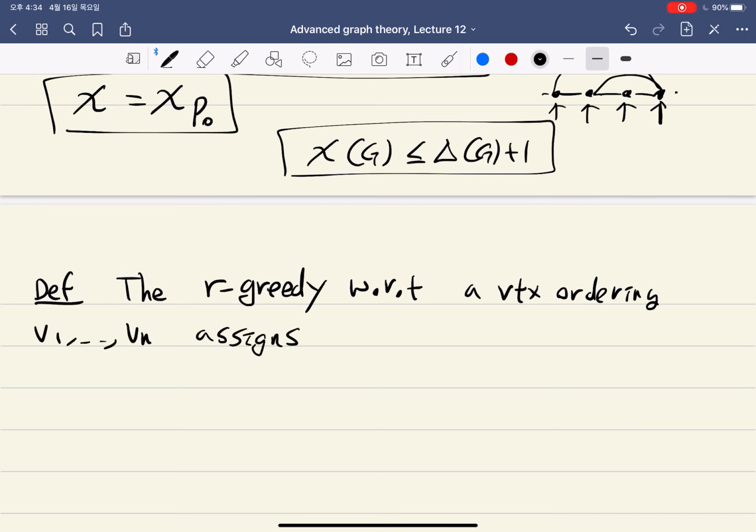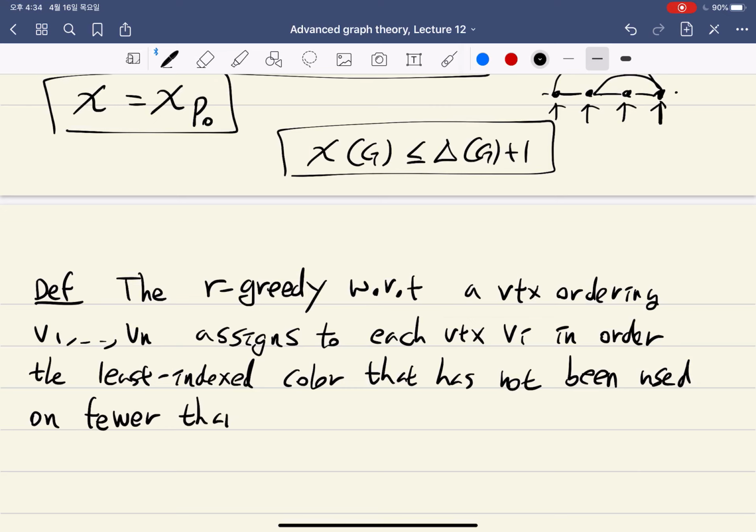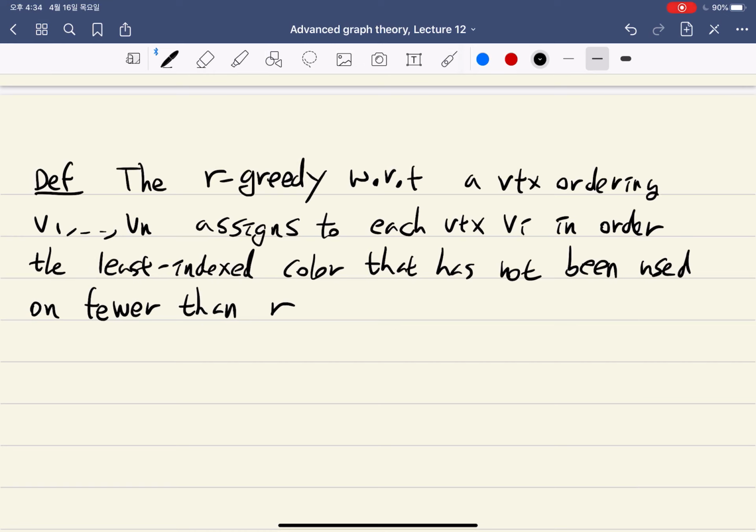It assigns to each vertex vi in order the least indexed color that has been used on fewer than R earlier neighbors.